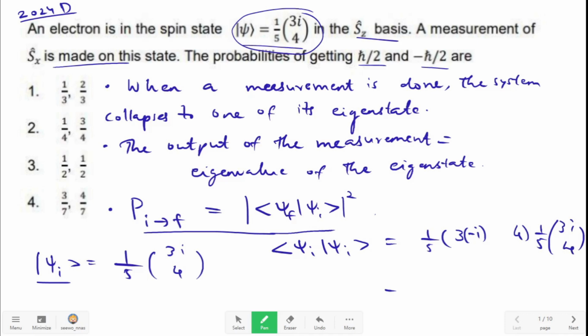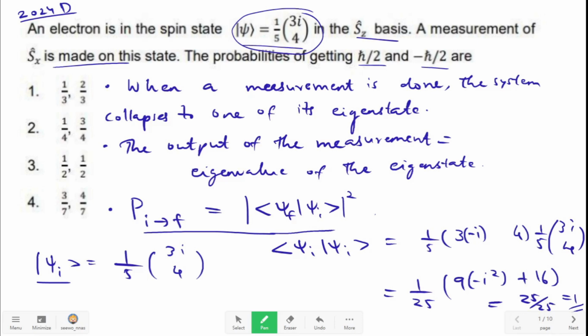Therefore this is equal to 1 by 25 times 9 times minus i squared plus 16, which is equal to 25 by 25, which is equal to 1. Therefore the state given is normalized.